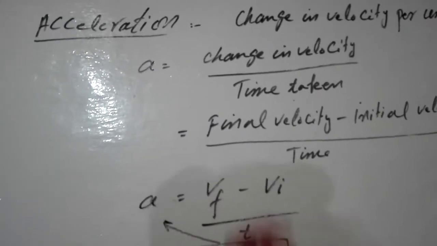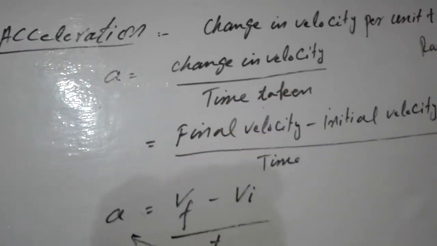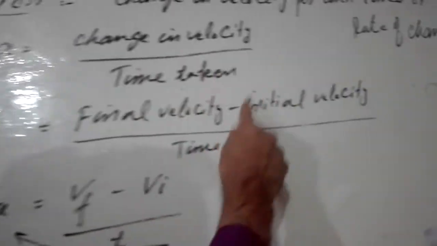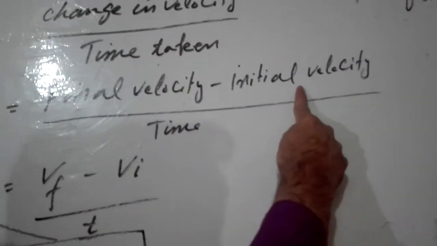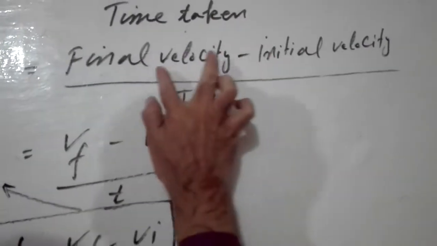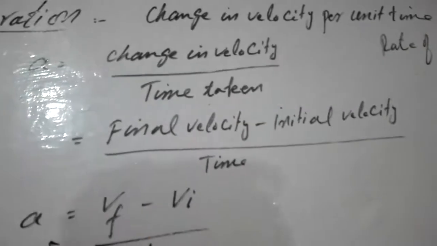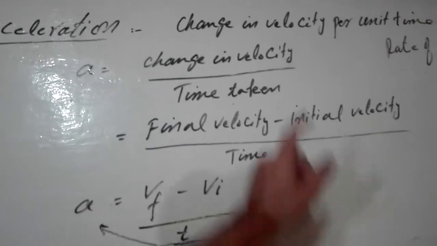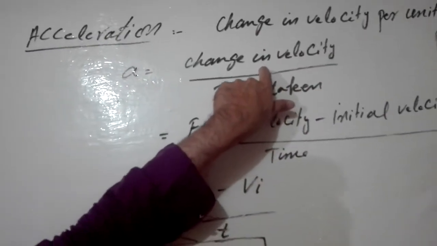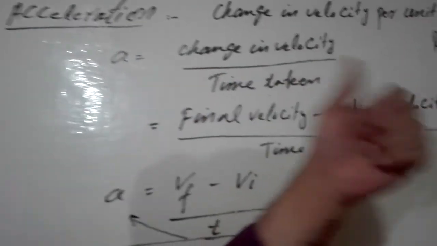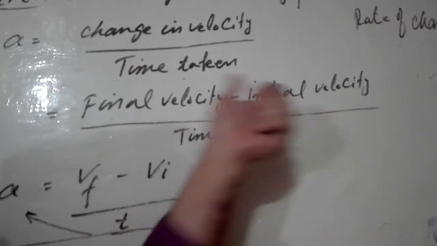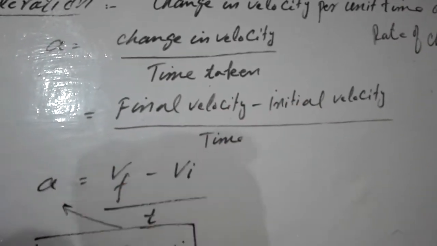Remember that change in velocity is always found by the final value of the velocity minus the initial value of the velocity, and divided by time. So this term, final velocity minus initial velocity, is called the change in velocity. Whenever you have to find a change in something, like in velocity, always subtract the initial value from the final.